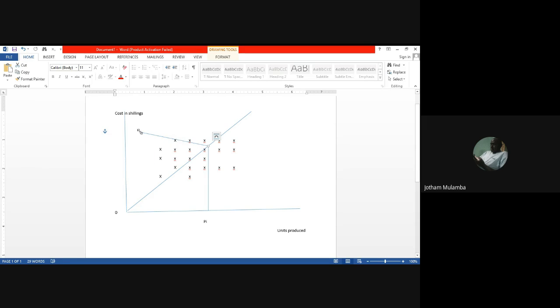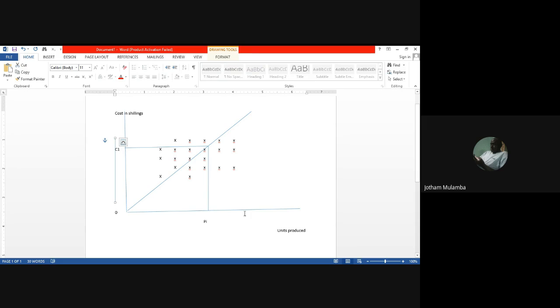If we draw a straight line at that particular level of production, we can estimate the cost to be here. So once you have come up with the line of best fit, we can estimate the cost. So this will be cost 1, C1.